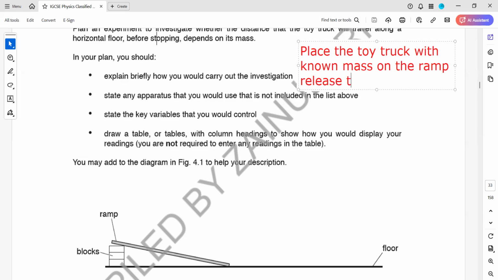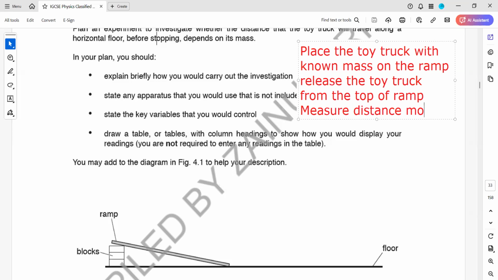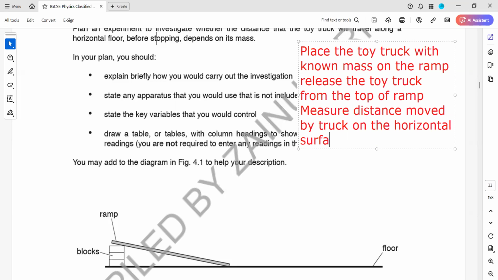Then we'll release the toy truck from the top of the ramp, and we allow it to stop, and we'll measure the distance moved by the toy truck on the horizontal surface. So that is our experiment.